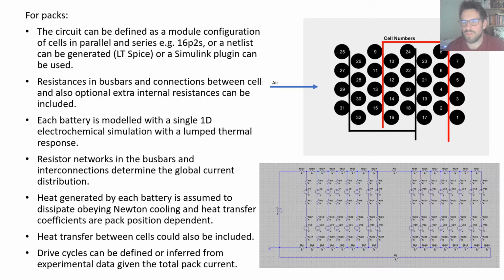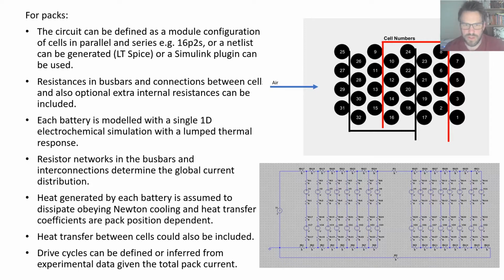So you can see that on the positive tab, it's connected to cell 1, 2, and 3, and 4, etc. And then cell 1 is actually in series with cell 17, and likewise 2 with 18, and so on and so forth. And that's a little bit clearer on the bottom right schematic, which is represented by LTspice.